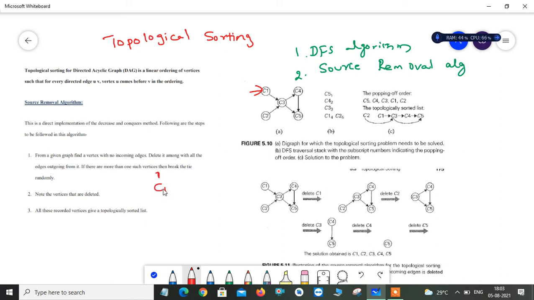From that I'm finding the outgoing edges of C1. Now I'm getting only C3, which I can reach from C1, because I have an outgoing edge. I don't have any other adjacent vertices.